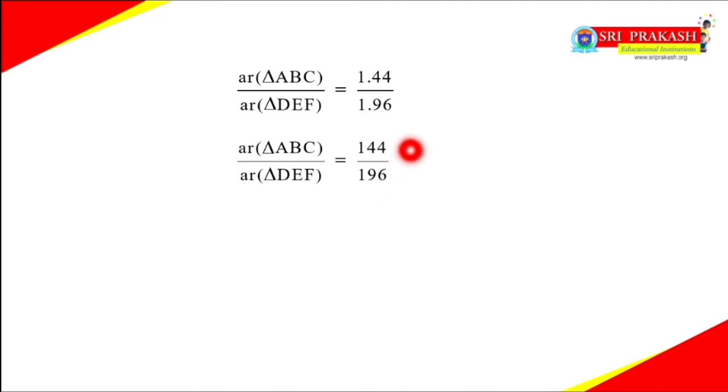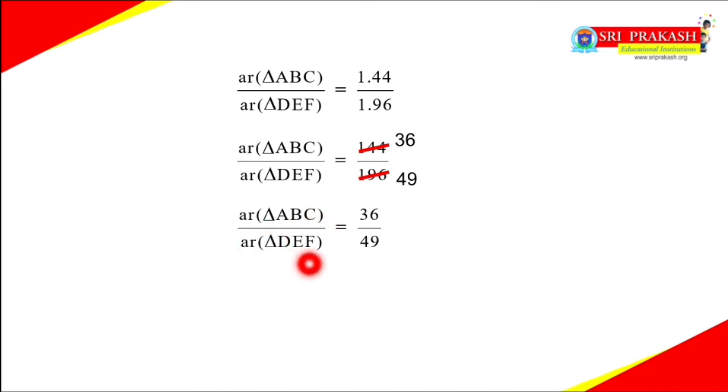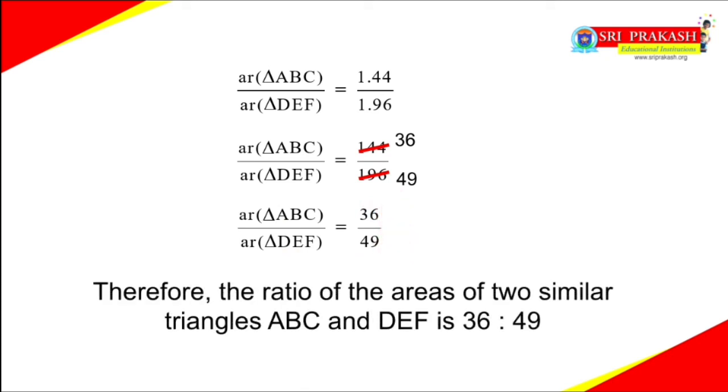Now let us cancel 144 and 196 by 4, 36 times and 49 times respectively. Then we get 36 by 49. Therefore, the ratio of the areas of the two similar triangles ABC and DEF is 36:49.